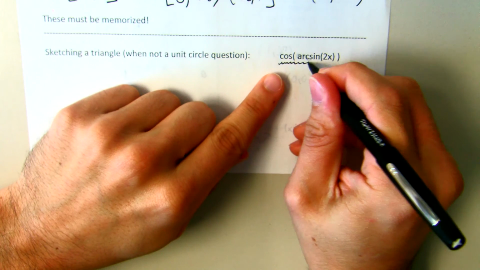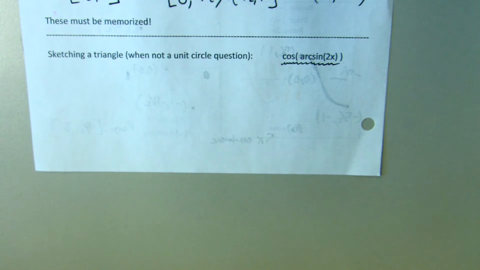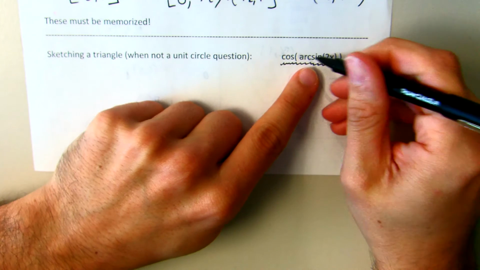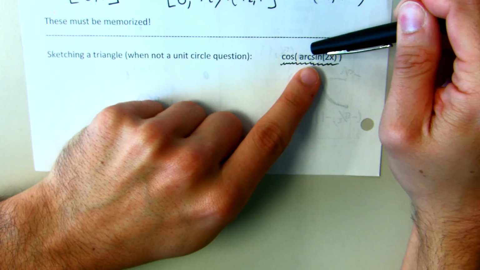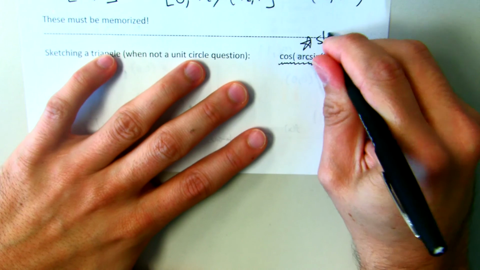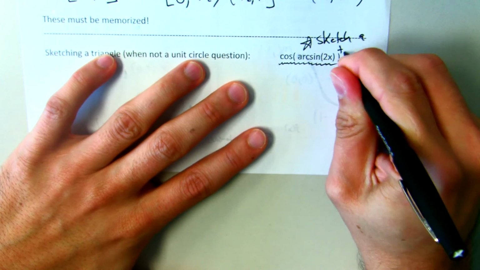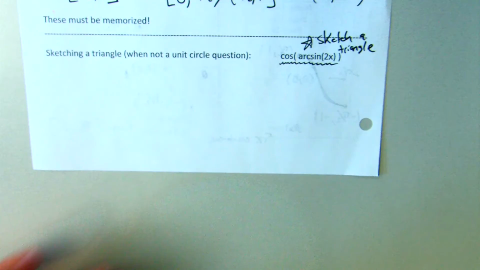So we'll have some that we look at today that look like this, and then wants to know what is the cosine of arcsine of 2x. And since this is not referring to the unit circle, nowhere on the unit circle do I have sine ratios of 2x. That is my big hint. Sketch a triangle. If it is not referring to the unit circle, it is wanting you to make a triangle.